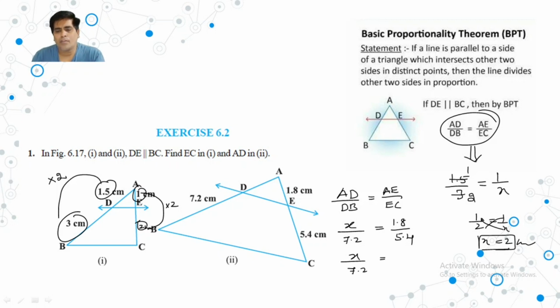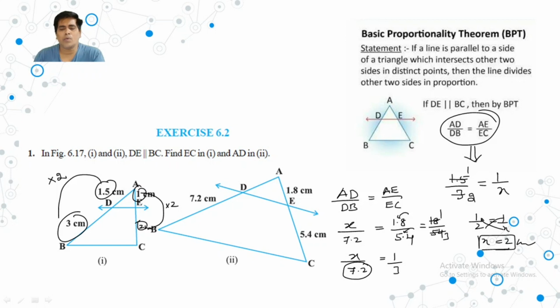Here after one digit we have a decimal, here also after one digit we have a decimal. So I can remove them directly, because both are the same. We can write it as 18 by 54. What is the value of 18 by 54? 18 ones are 18, 18 threes are 54. So this value is 1 by 3.